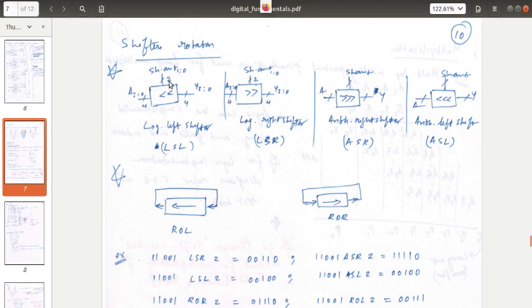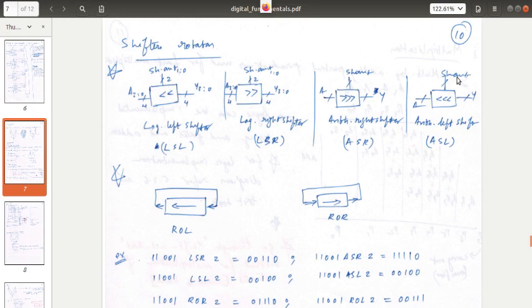So here we are using 2 bits to denote the 4 combinations. That is, if the input is of 2 to the power of n bits, then the shift amount will be n bits.